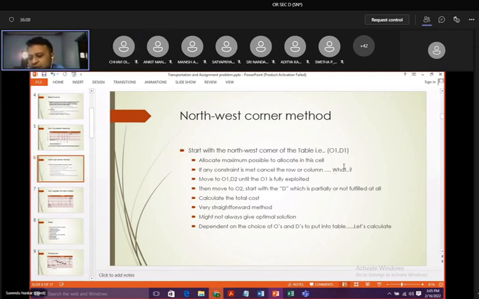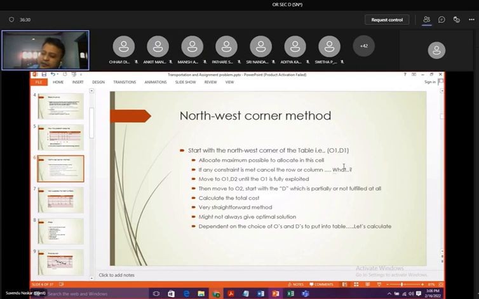Correct. How much should I allocate here? 300 or 350? 300, because 50 we had allocated earlier, right? Correct. In the earlier iteration, I allocated 50 in O1 D2.